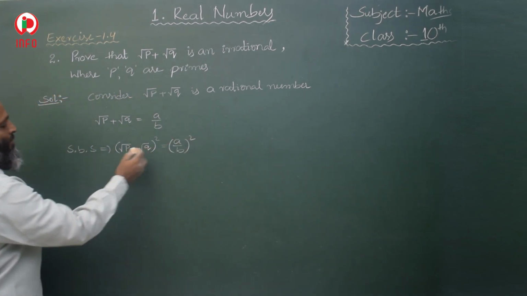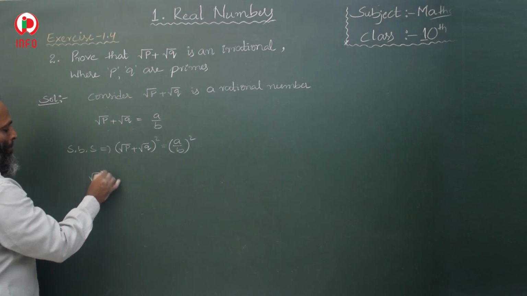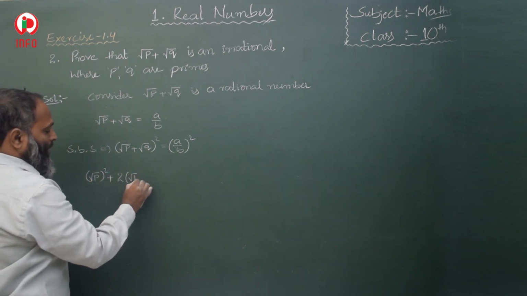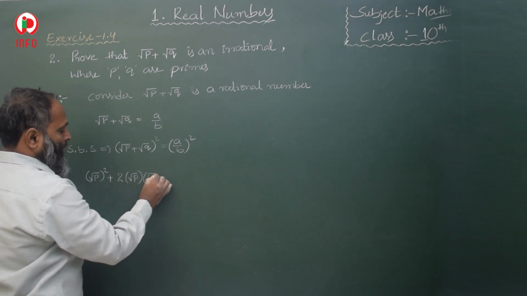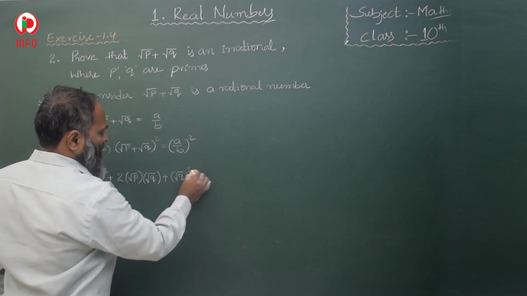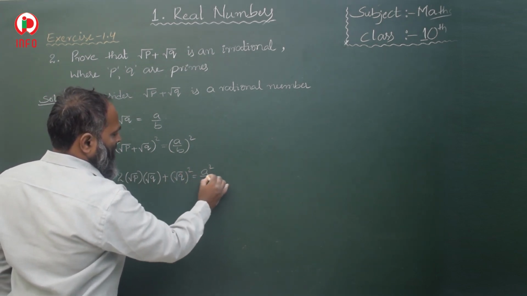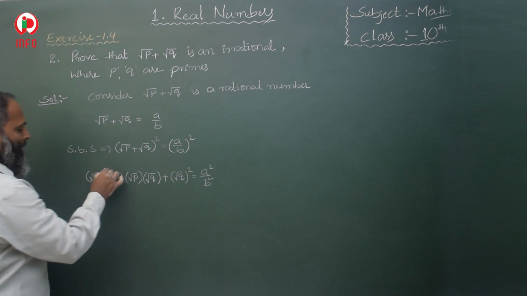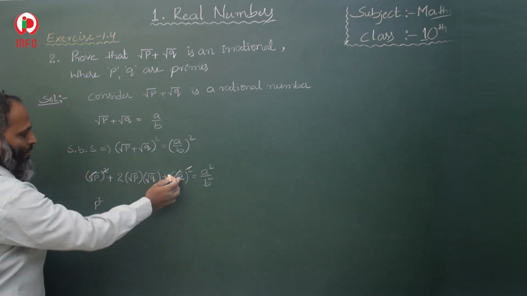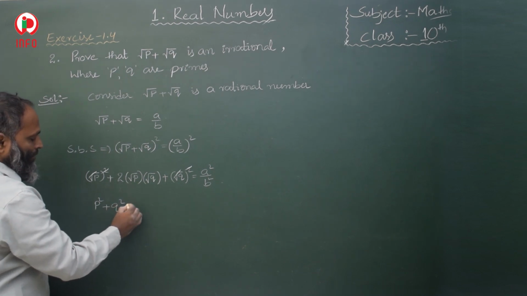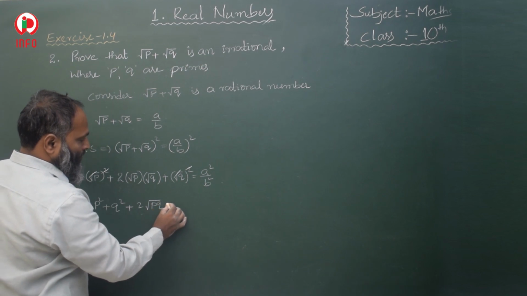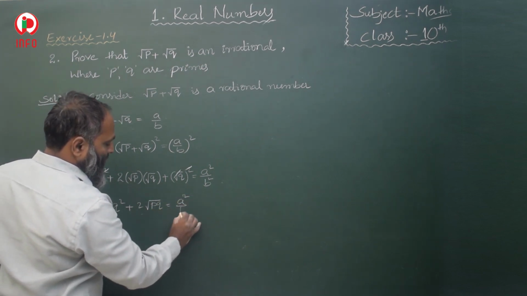Now (a plus b) whole square is a square plus 2ab plus b square, which is equal to a square by b square. Here the square roots cancel. That is p square plus q square plus 2 under root pq is equal to a square by b square.